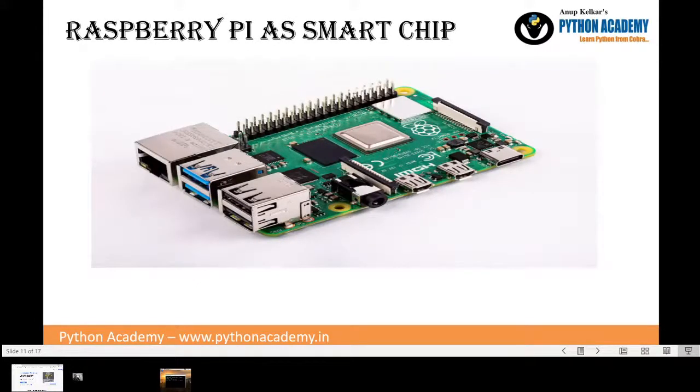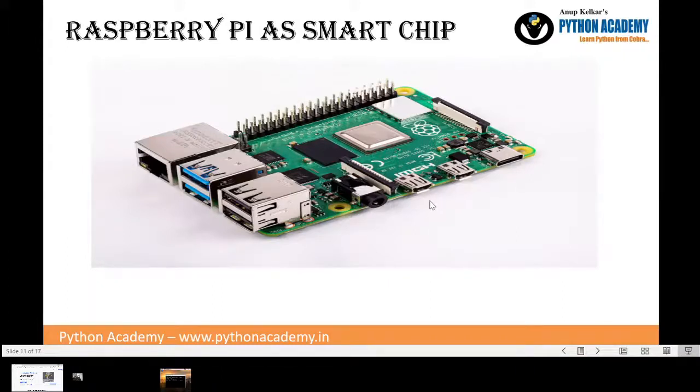That is the Raspberry Pi, which we are going to use as a smart chip. The Raspberry Pi is basically a mini computer which consists of all the related stuff. I will show you all this through my Raspberry Pi. Since it is portable and it is a computer, you can keep it anywhere.